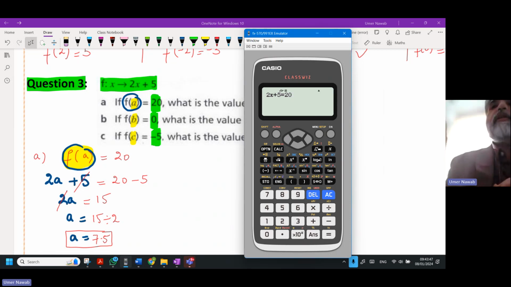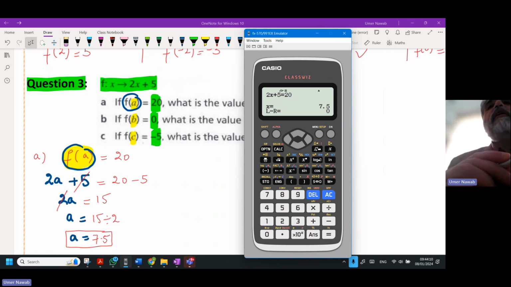I want to solve this equation. Guys, in the calculator, whenever you want to solve an equation, you have to press shift and calc, which is for solving. Now, calculator will ask you for which value of x you are looking for. Ignore this one and press the equal sign.